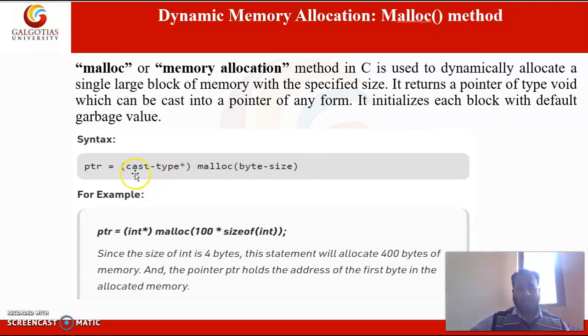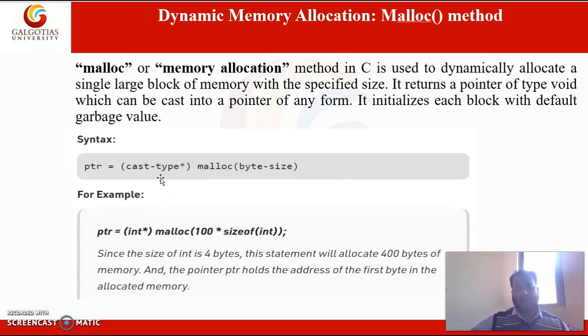Here the cast type is there. Cast type means, suppose you want a memory block for int type, then it must be int. Suppose you want a memory block for character, then it will be char.